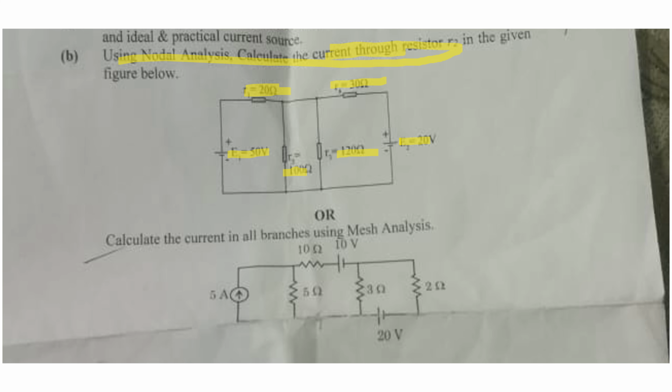E2 is given as 20 volt. And calculate the current in all the branches. You can use mesh analysis here. It is given to use mesh analysis, so you can't use nodal analysis. Whatever is mentioned, you should definitely use that analysis. If it is not mentioned, then you can use whichever is convenient.